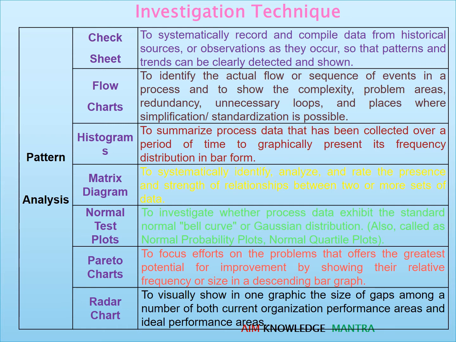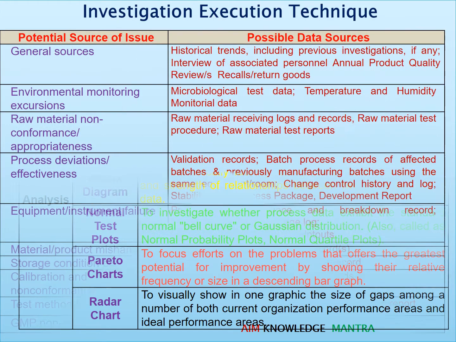Pareto charts: to focus efforts on the problems that offer the greatest potential for improvement by showing their relative frequency or size in a descending bar graph. Radar chart: to visually show in one graphic the size of gaps among a number of both current organization performance areas and ideal performance areas.